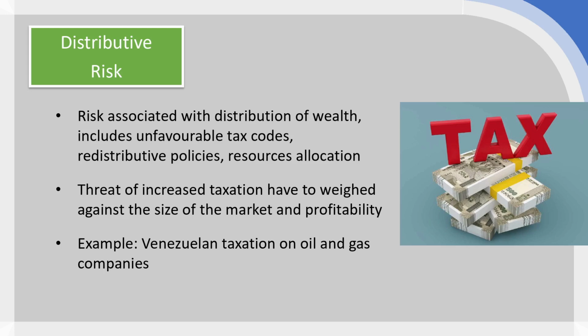Whereas if you have far lower levels of taxation and far lower levels of redistributive policies, so redistributive policies can involve the redistribution of wealth and money through other means other than just tax codes.